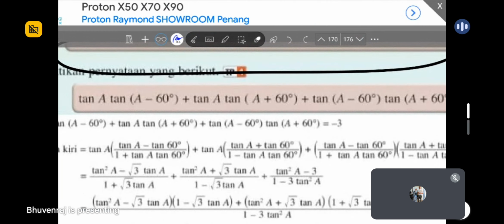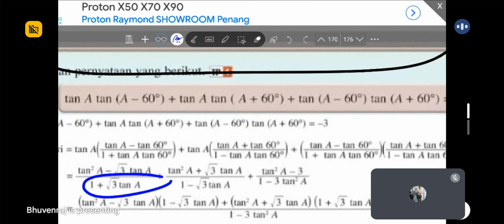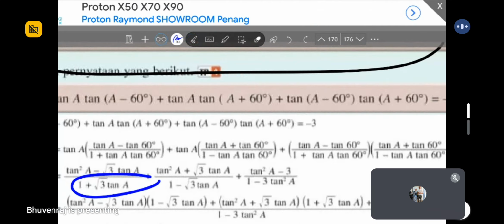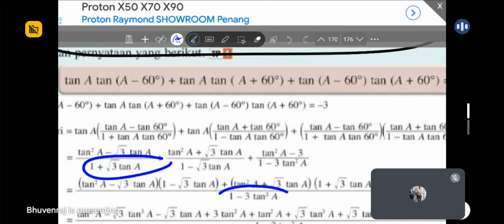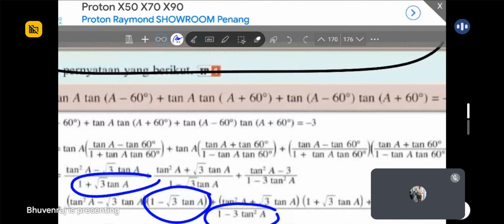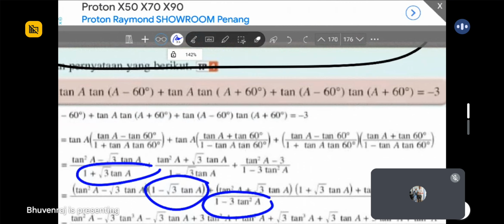Okay, so the major concept here is you must understand. Example lah, 1 plus 3 tangent A and 1 minus 3 tangent squared A. How to actually connect them? You can connect them by 1 minus 3 tangent A. The concept is (A plus B) times (A minus B) equals A squared minus B squared.